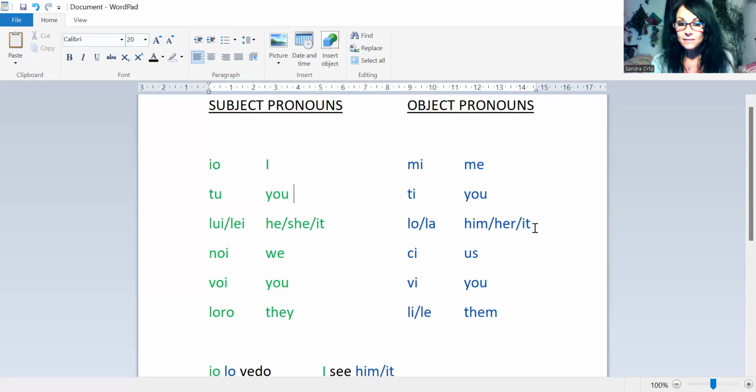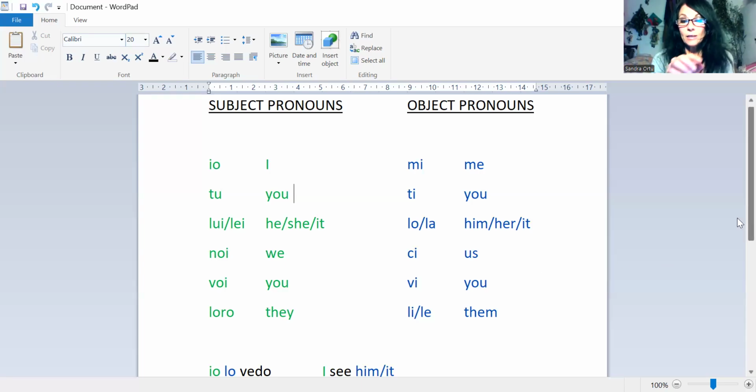Is this it an object or a subject? Yeah, that's something that you need to look at. You need to learn how to distinguish all the different words in a sentence and their function in order to get it correct in Italian.